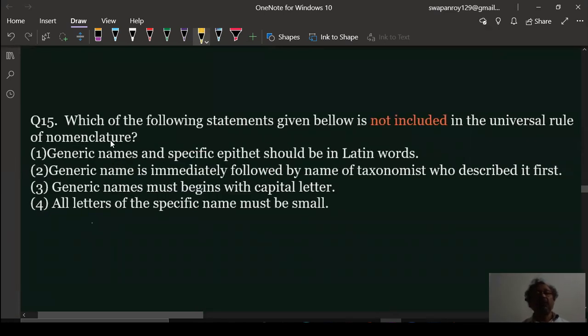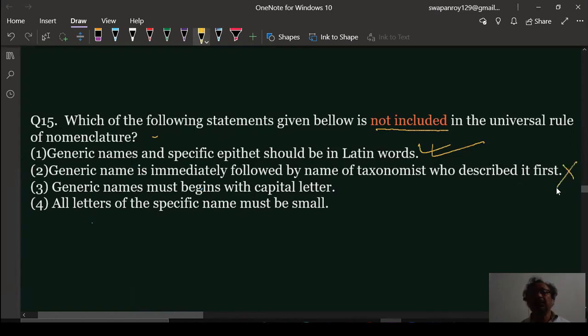Question 15. Which of the following statements given below is not included in the universal rule of nomenclature? Our first option, generic name and specific epithet should be in Latin word. This is true. Generic name is immediately followed by the name of the taxonomist who described it first.